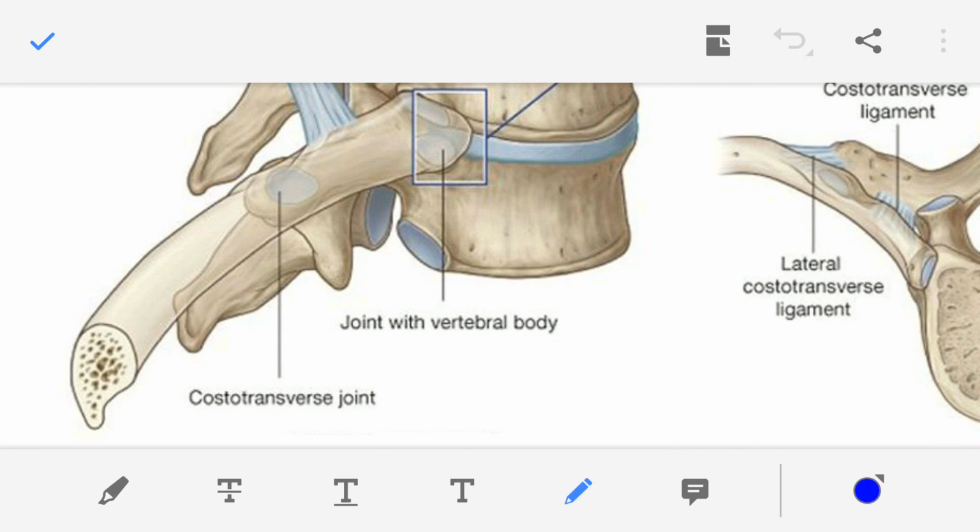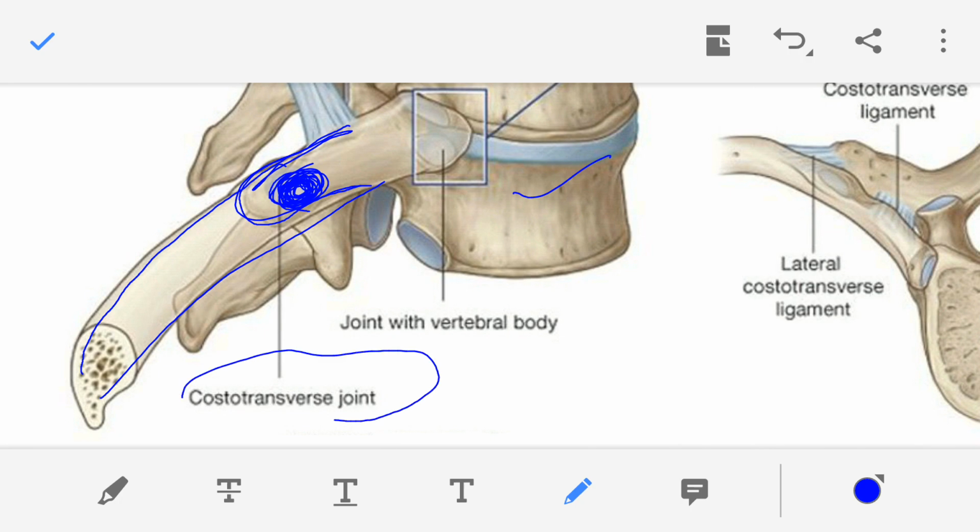When we detach this rib, this one is the transverse process of the thoracic vertebra, and this is the facet of the transverse process. Now we are putting back this rib, okay. So the articular facet of this tubercle is going to fit in that facet. So the joint which is now formed is known as the costo-transverse joint.